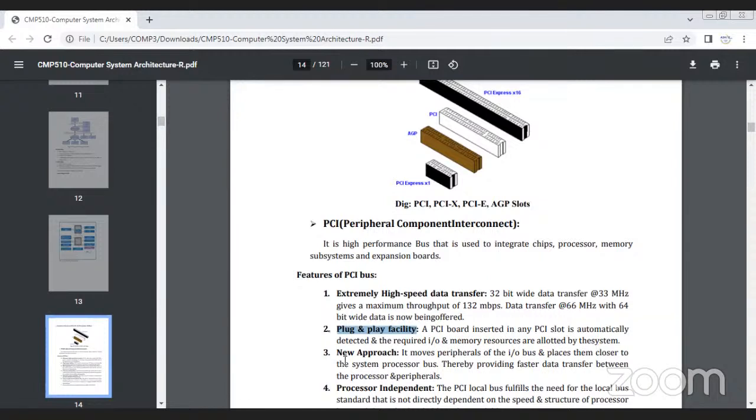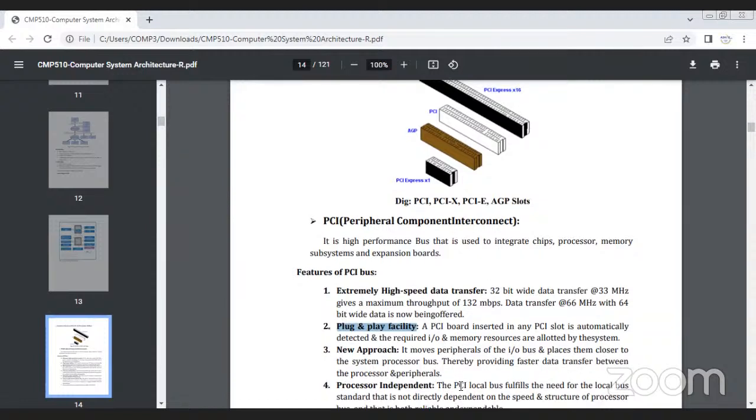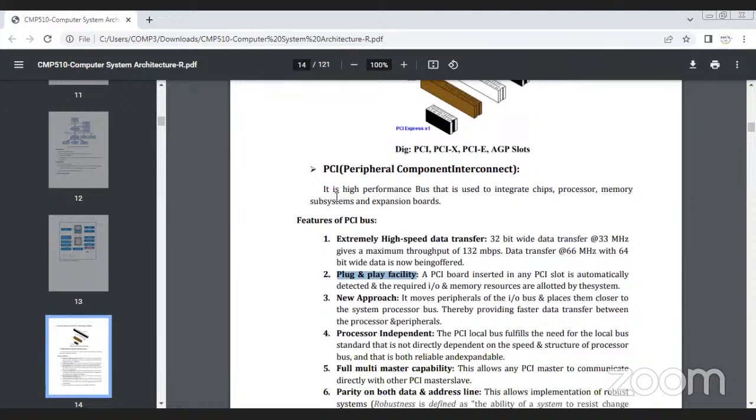Another feature of PCI is that it is processor independent. So these are the basic features of the PCI bus.